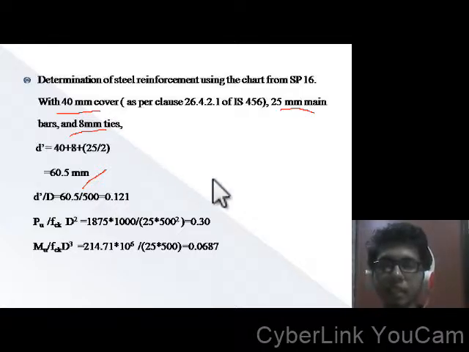The d dash by D ratio is required as we are referring to SP16. When we refer to SP16, we have to find the values of these two expressions, that is Pu by fck D square and Mu by fck D cube. When we find that, we will get Pu by fck D square as 0.3 and Mu by fck D cube as 0.0687.